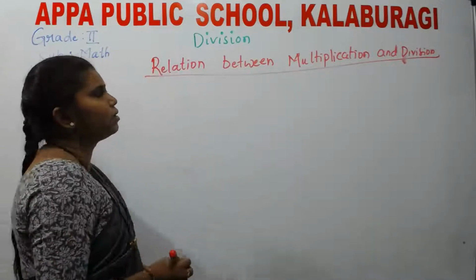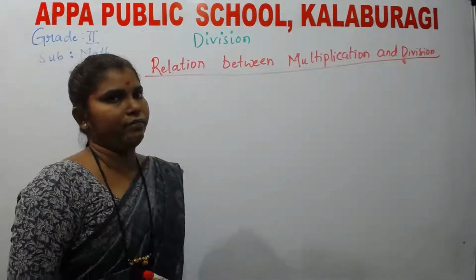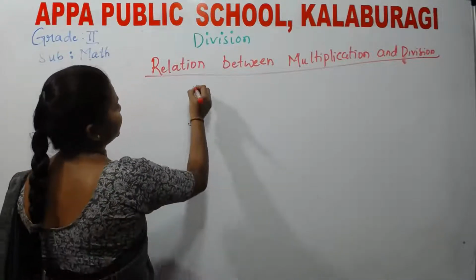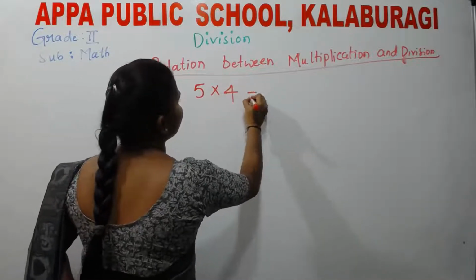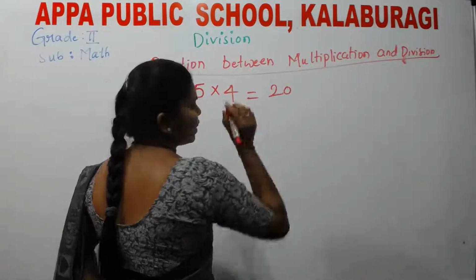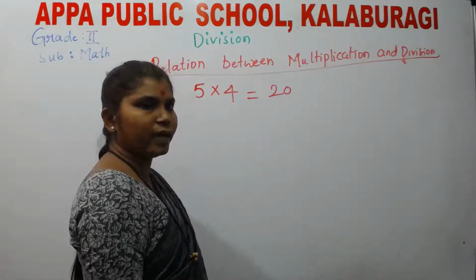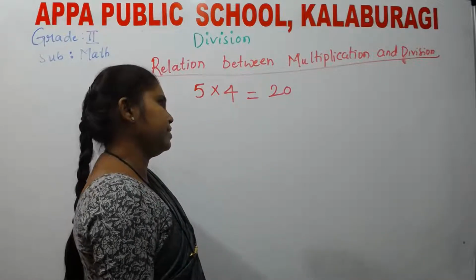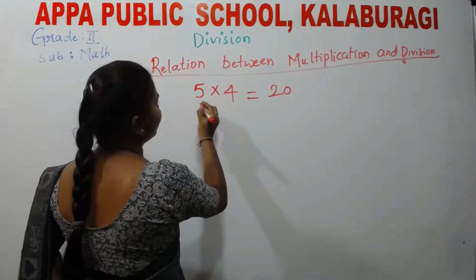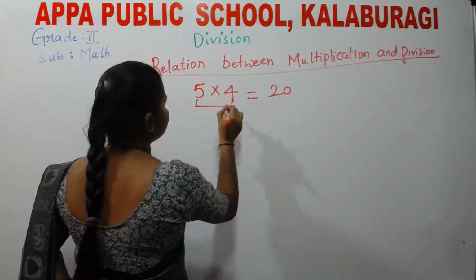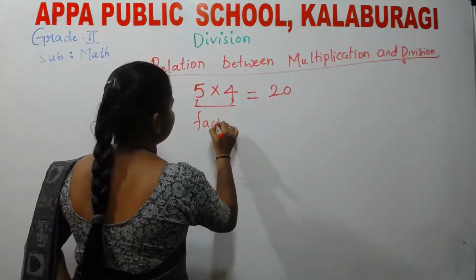Now, the terms in multiplication. Consider an example, 5 into 4 is equal to 20. Yes, children, 5 4s are 20. Is it right? Yes, read the tables. So these 5 and 4 are called your factors.